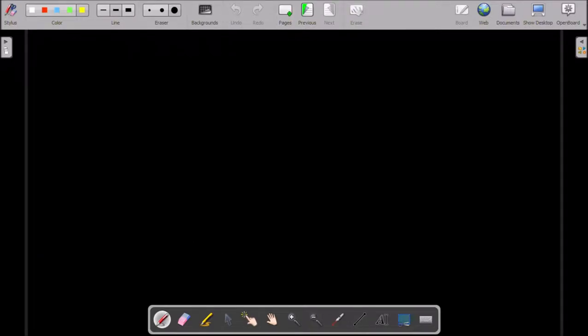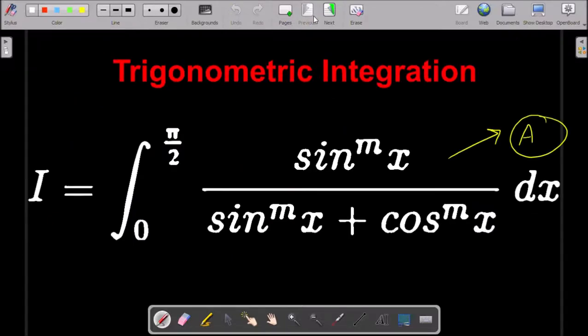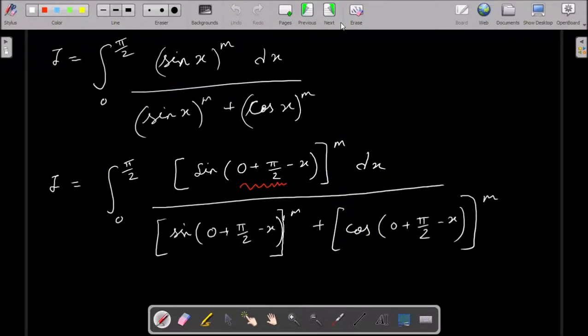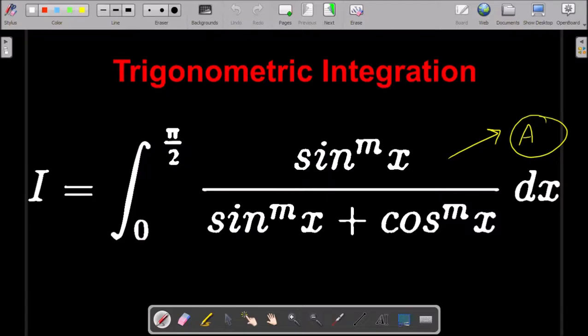Now adding, I plus I equals the integration of equation a and then equation b. Equation b has cos in the numerator and equation a has sin in the numerator; both denominators are the same.